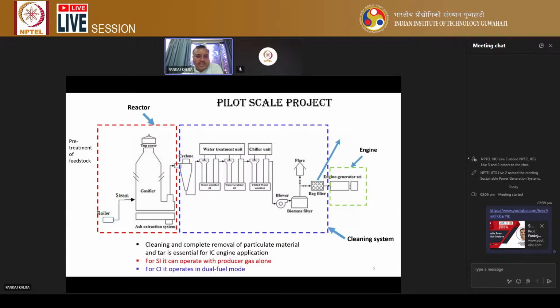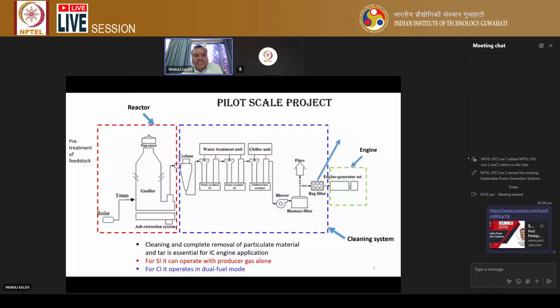For example, if your requirement is 10 kilowatt or 20 kilowatt, then we go for a fixed bed biomass gasifier. If our requirement is beyond 500 kilowatt, then it is suggested to have a fluidized bed kind of biomass gasifier.